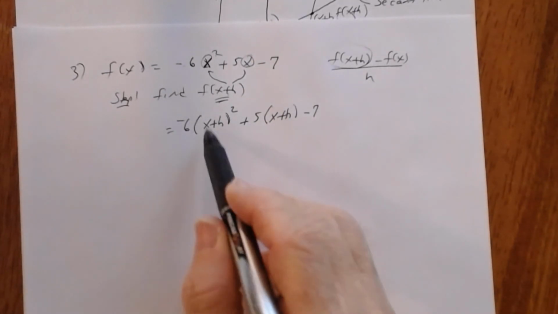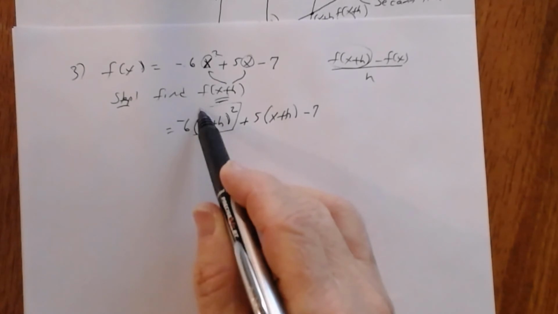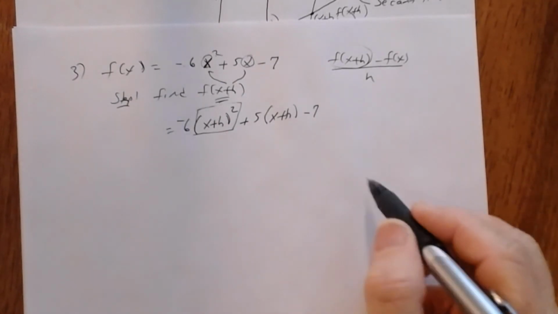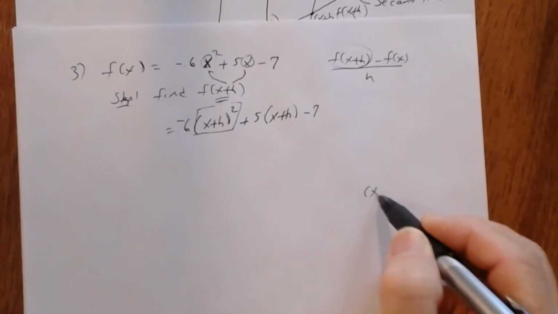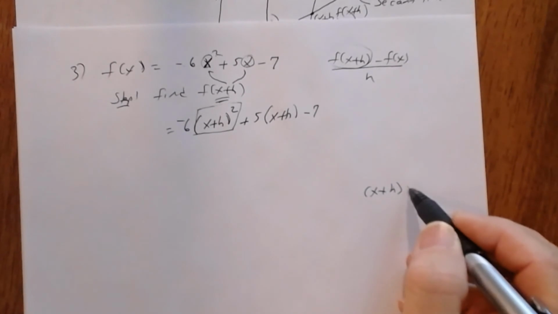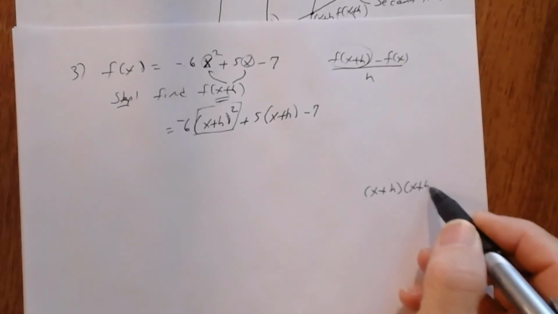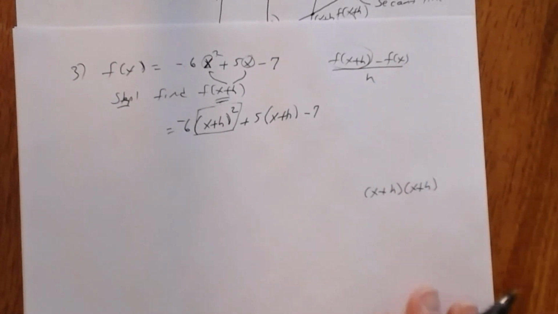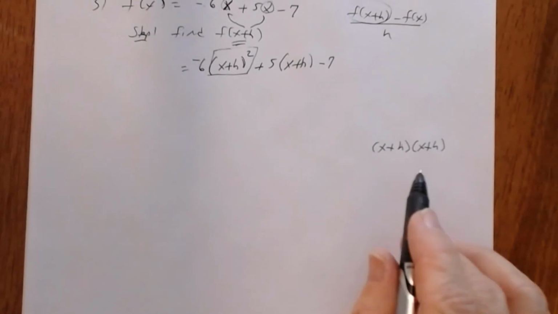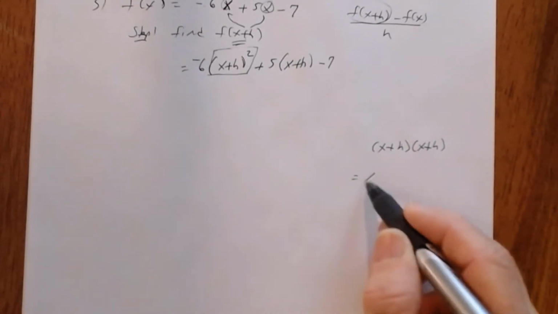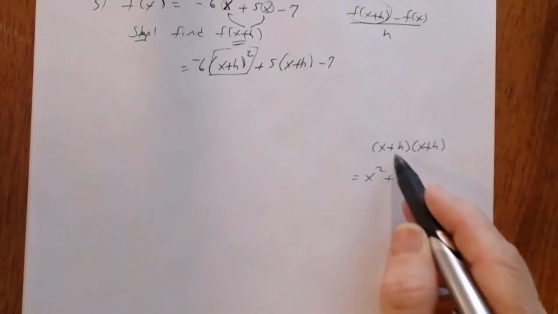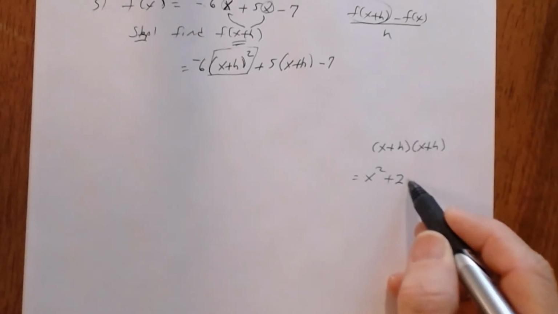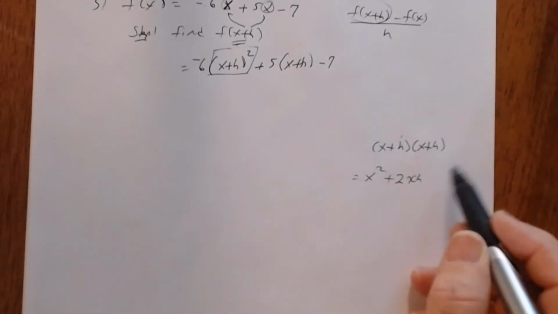Now we have to look at this first. I go off to the side, and I figure out what x plus h squared is. You're always going to have this. If you can remember that x plus h times itself is x squared, plus, the outer and the inner are the same, so you can say 2xh, and the last is h squared.